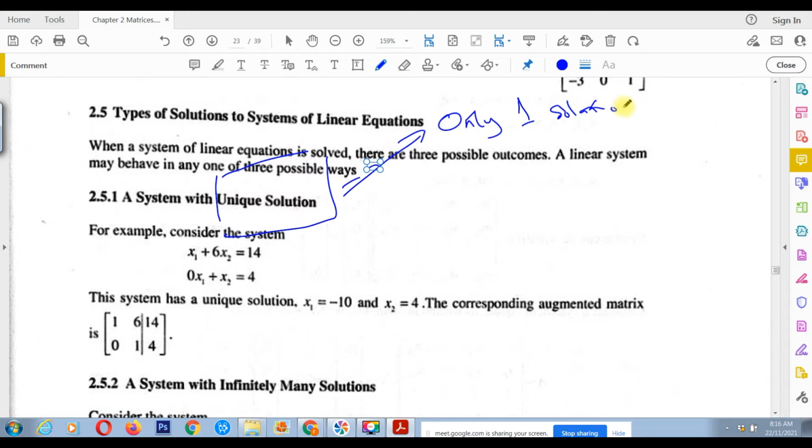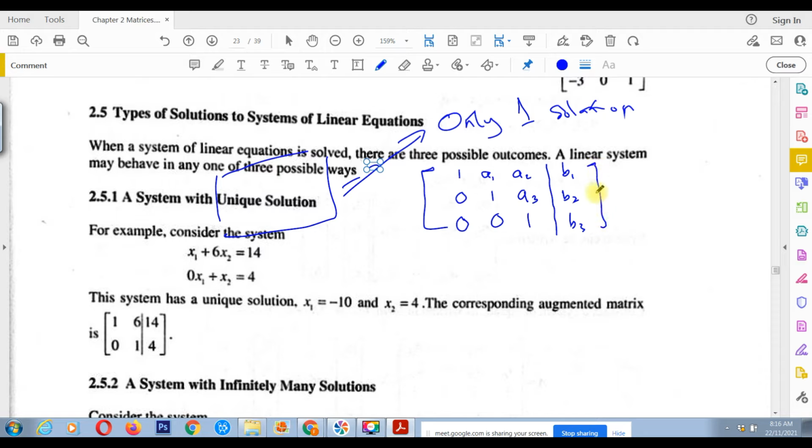How do we identify this type of solution? Maybe A1, A2, 0, 1, A3, 0, 0, 1. If we have this type of solution, we have B1, B2, B3.